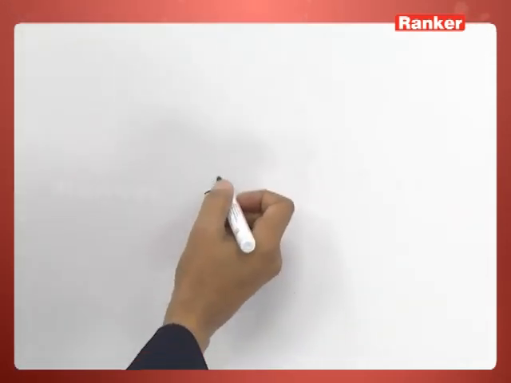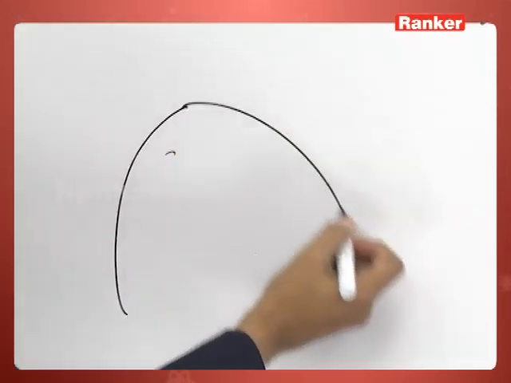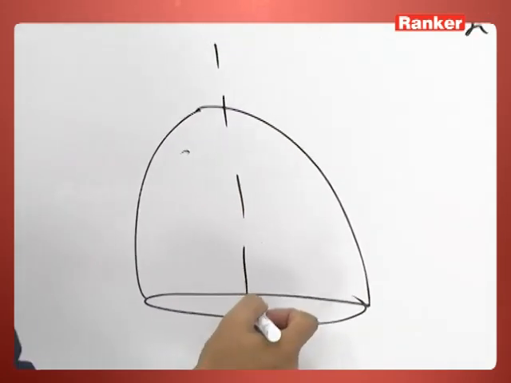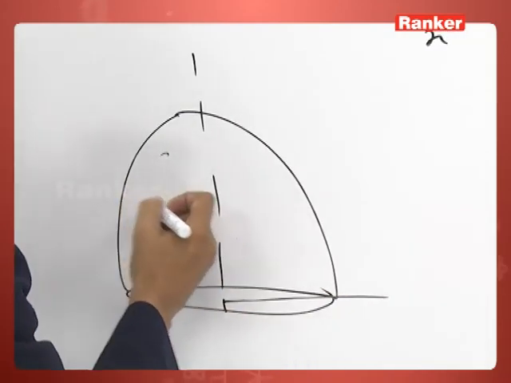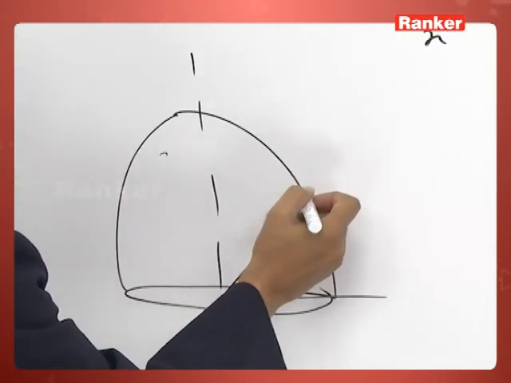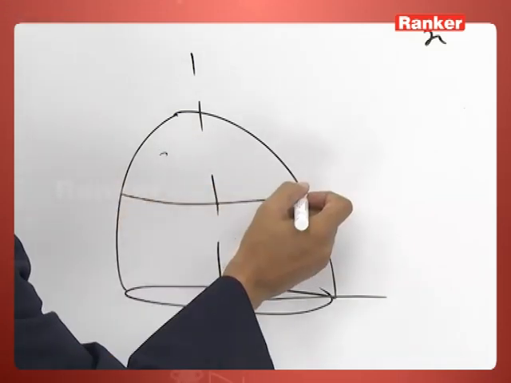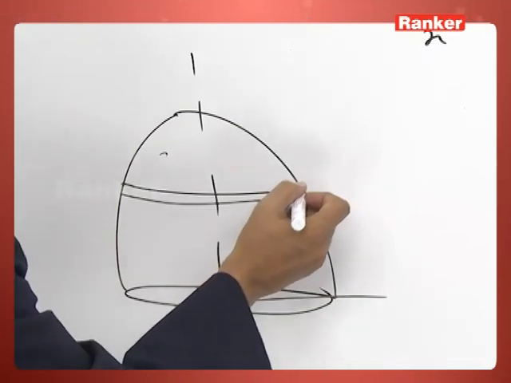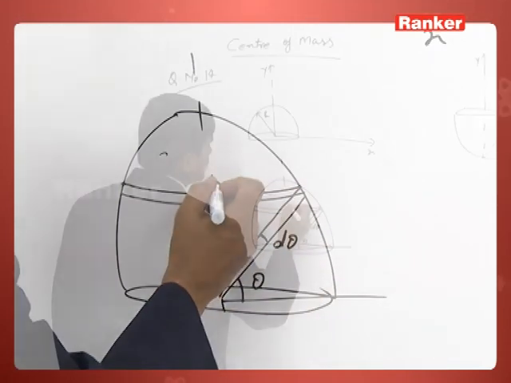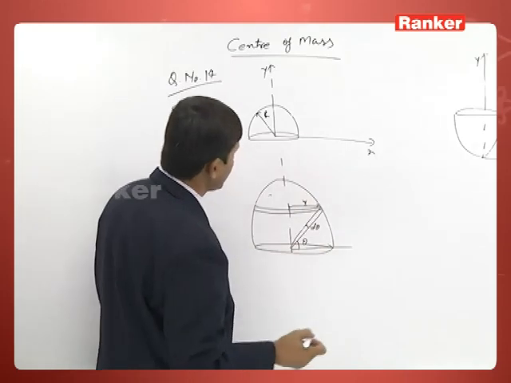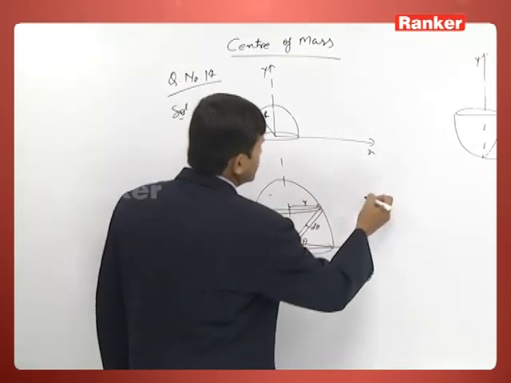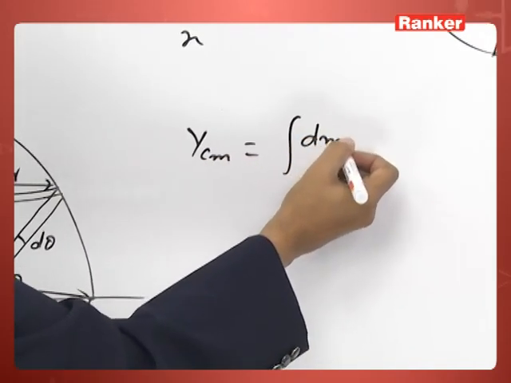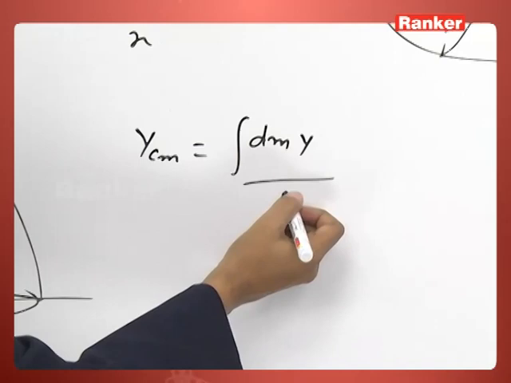In this hemisphere we can take a ring which makes angle theta, with thickness d theta. R is the radius. So the y coordinate, Y_CM, is equal to the integral of dm into y, divided by total mass.